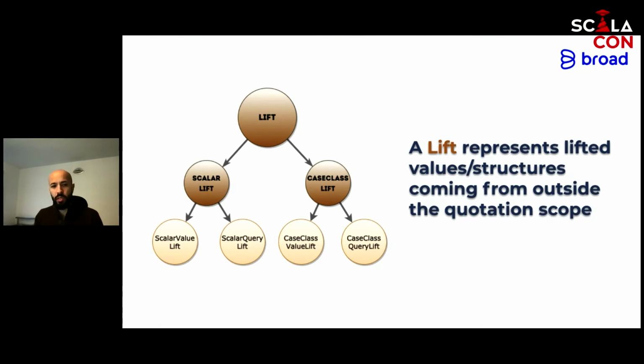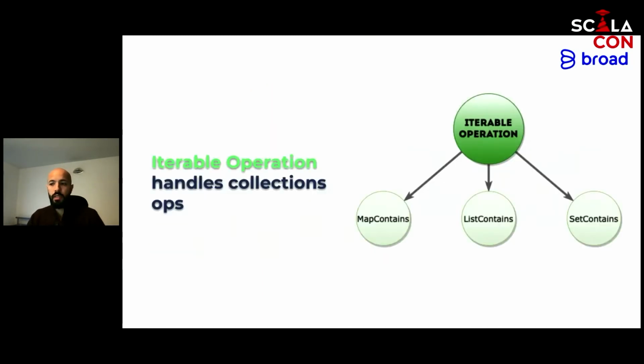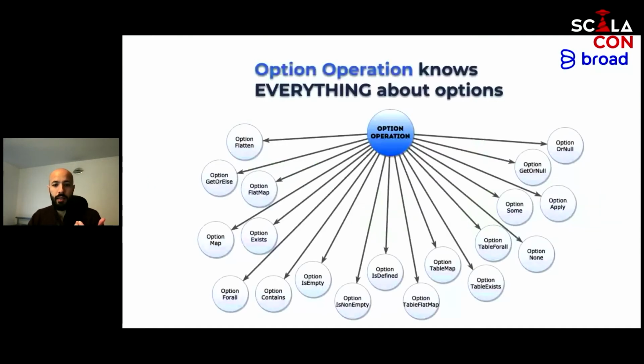It's mostly used internally, but if you are receiving a variable from outside your method, you have to lift that as well. The next one is an iterable operation that handles collections and collection operations, obviously. And another interesting one is the option operation, because it has everything related to options.